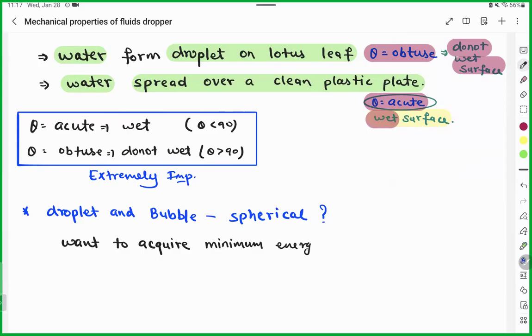And when there is the minimum energy, in this case it will have the least area by surface tension, and least area is more stable. Any spherical body will be a more stable structure. Any doubt, guys?